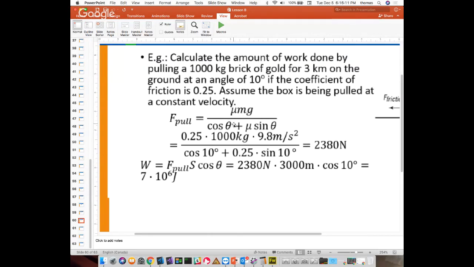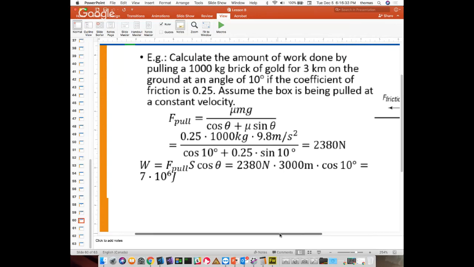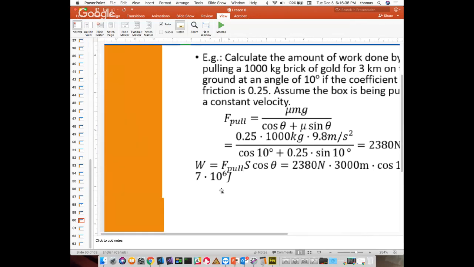But when it looks to see what they're doing, they take the total work, which is the pulling force times the distance times cos theta, and they fill that stuff in. Then they get some value, 7 times 10 to the 6th joules. And that would be a big value because we're pulling a large object for a long time, right?